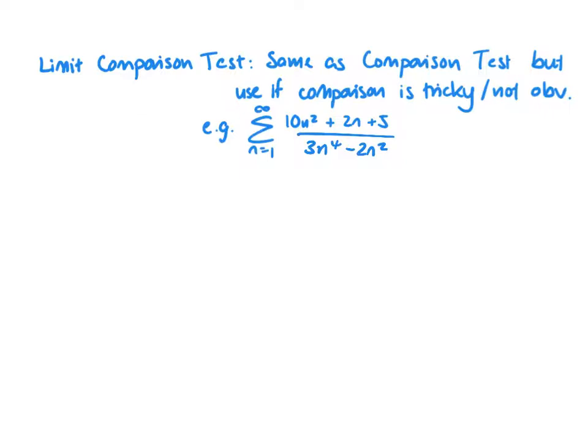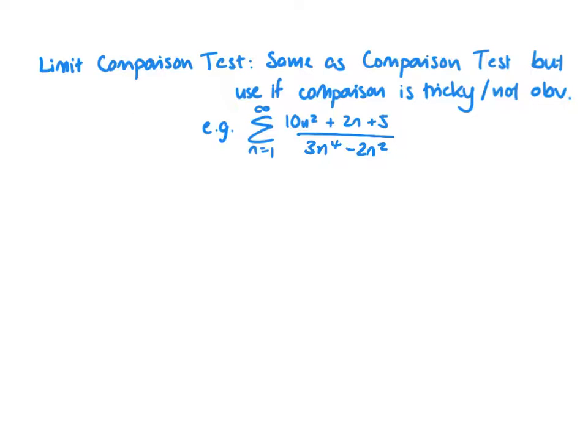Something along these lines. If you try to do a regular comparison, I don't think we're going to get it pointing in the right direction, but we can do a limit comparison instead. Limit comparison should work almost virtually every time the comparison test will work, so that's something to keep in mind as well. Here we'd compare to, say, 1 over n squared, using the limit comparison test, and then we should be able to get convergence of this series.